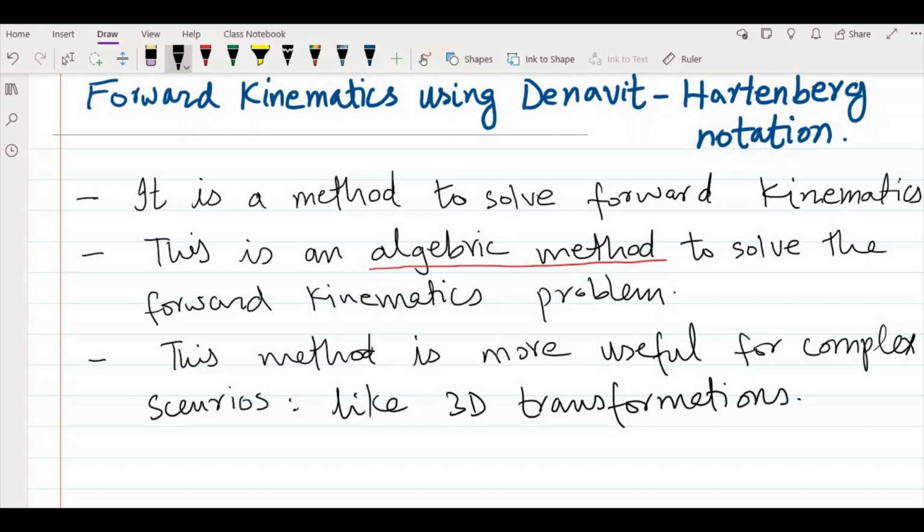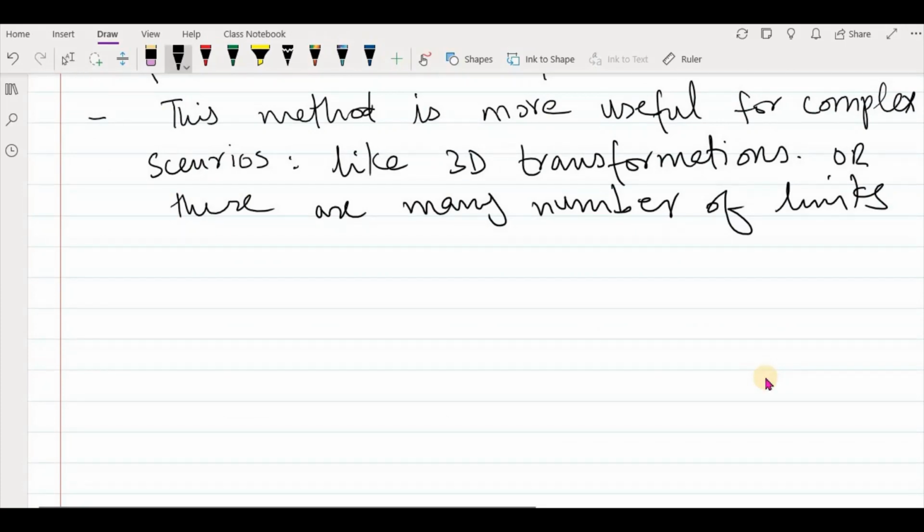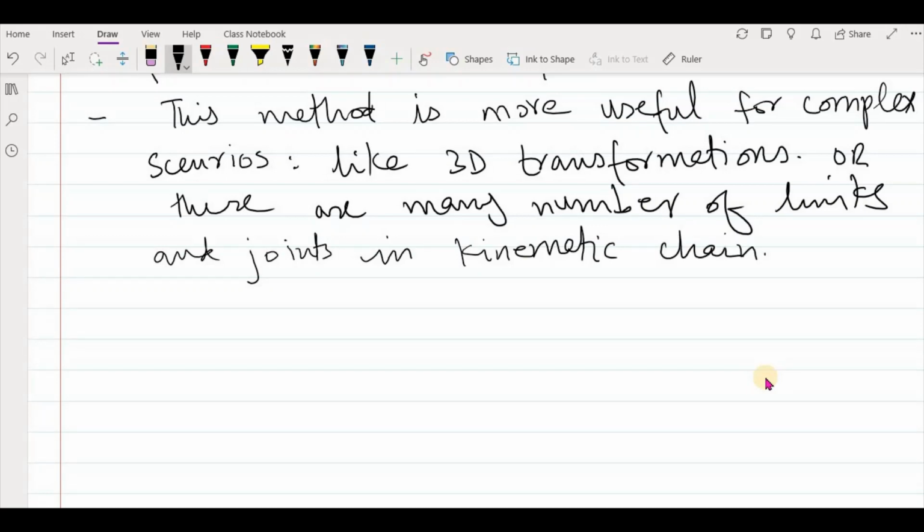So if your reference frame is in three dimensions, and also there are a large number of links and joints in the kinematic chain, this method is useful when your kinematic chain or the robot is very complex to solve using geometric methods.